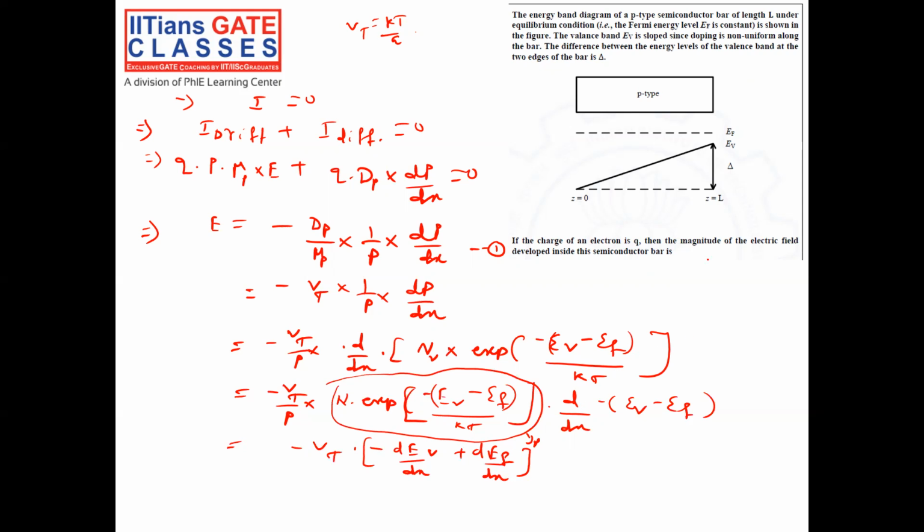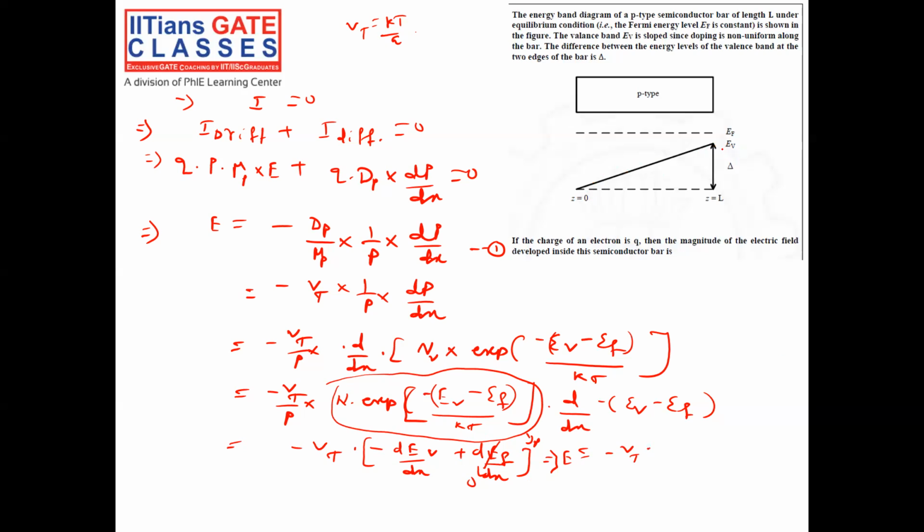Since the Fermi level is constant, dEf by dx is equal to 0. So this implies E is equal to minus Vt into minus dEv by dx. What is dEv by dx?